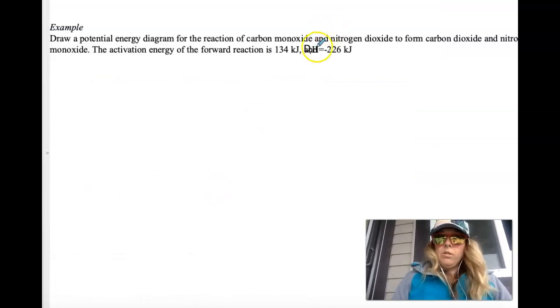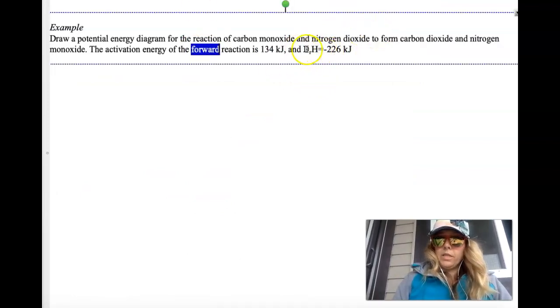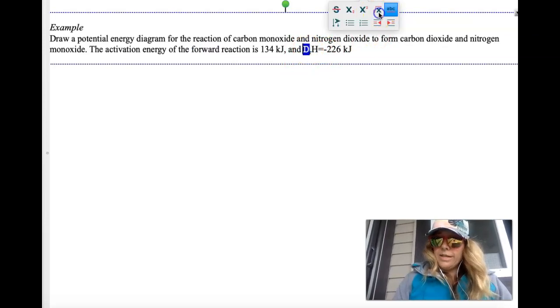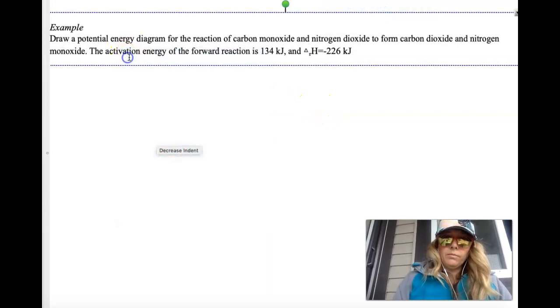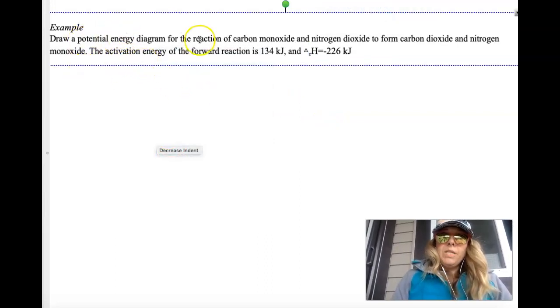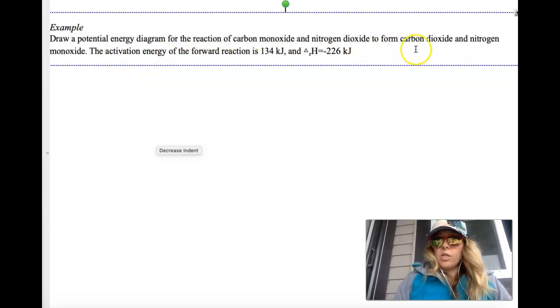Okay, so let's look at an example where we are going to basically generate this equation. Let me just change that capital D for delta so that it's actually the right symbol. Okay, so draw a potential energy diagram for the reaction of carbon monoxide and nitrogen dioxide to form carbon dioxide and nitrogen monoxide.